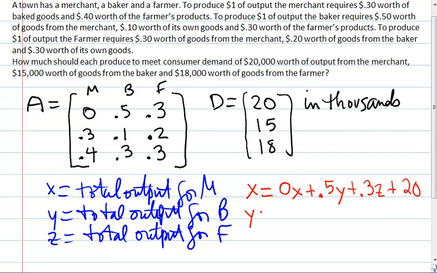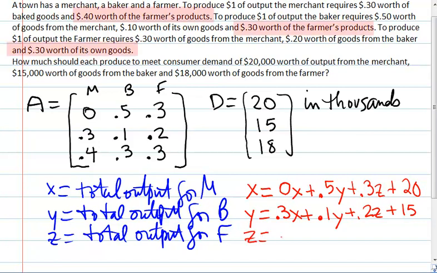Now, Y, which is the total output for the baker: 30 cents for each $1 of output goes to the merchant, 10 cents for each $1 of output goes to the baker, and 20 cents for each $1 of output, that's Z, goes to the farmer, and 15,000 goes out to consumers.